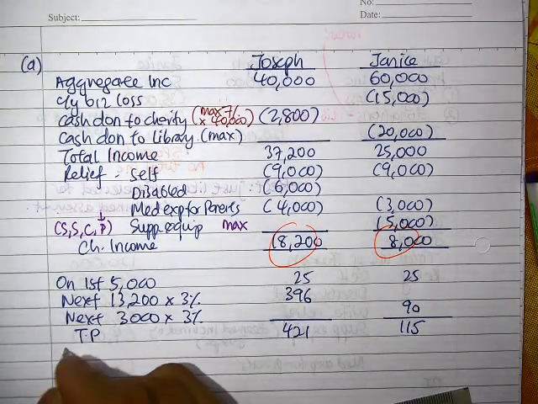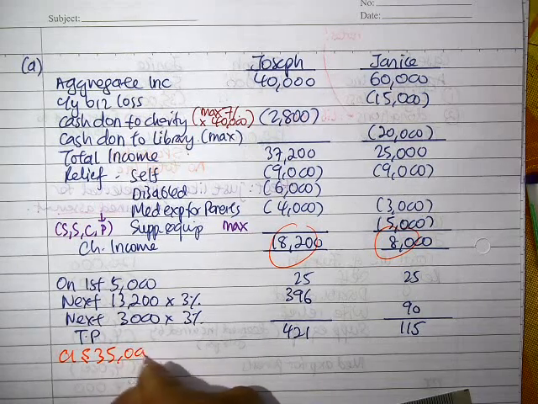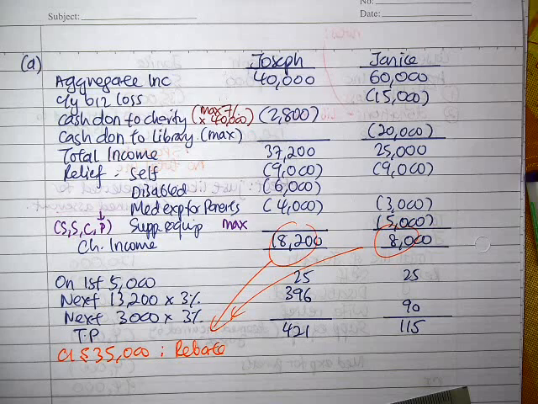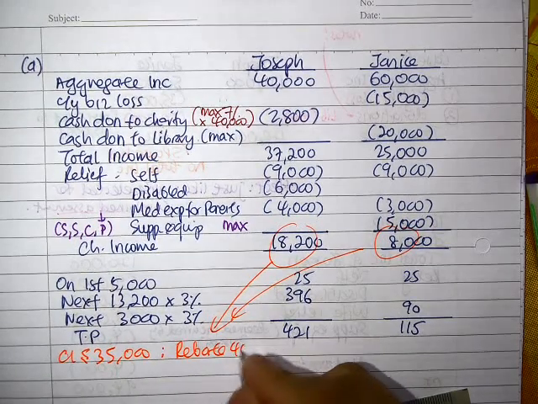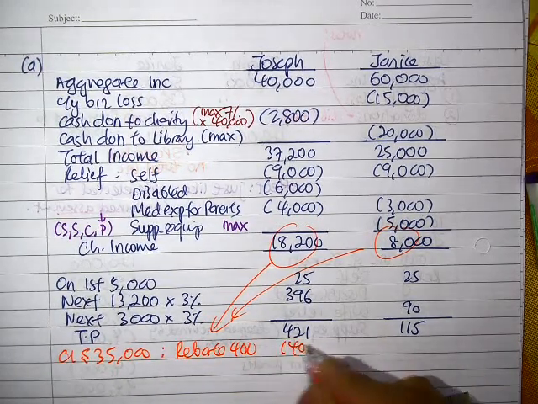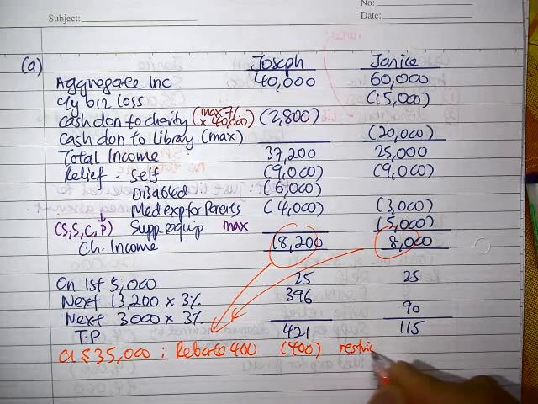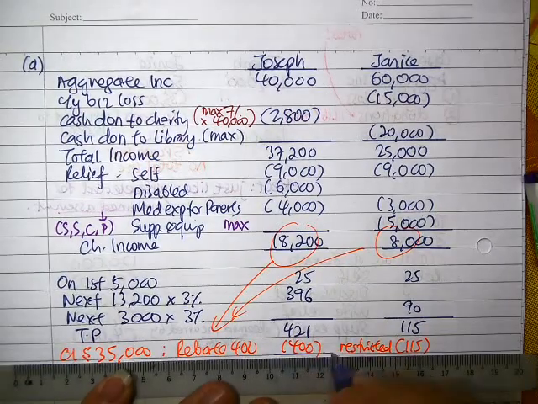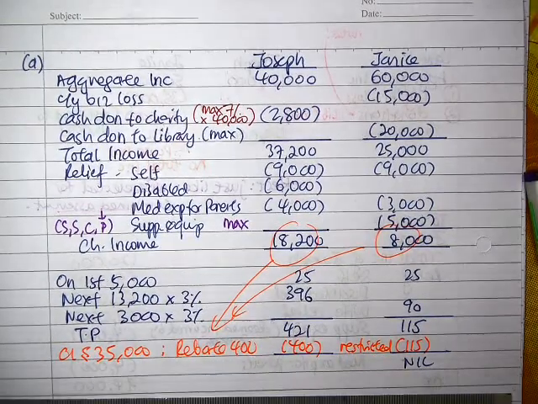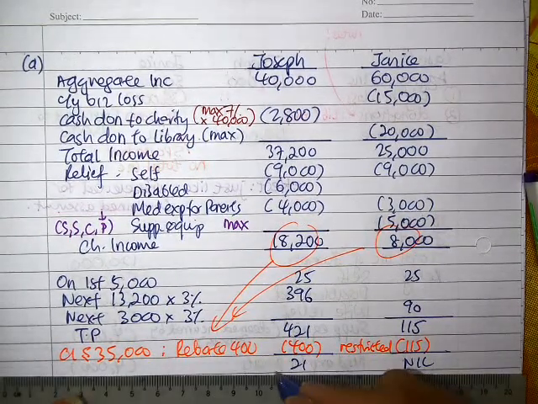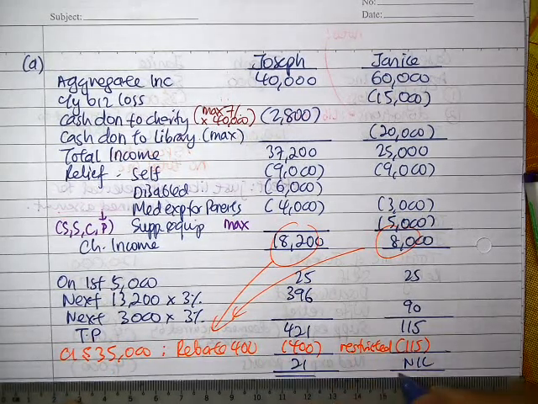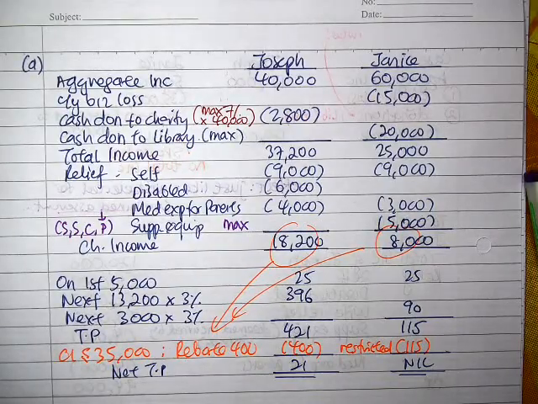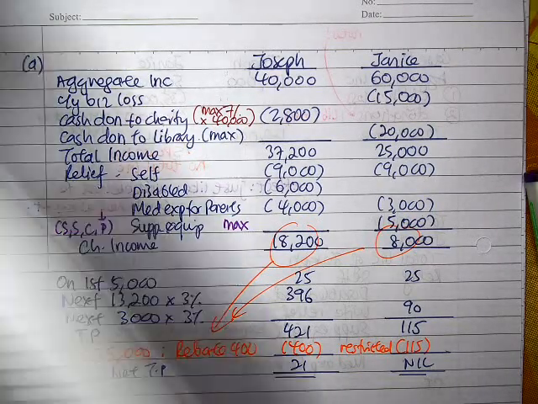Now on the first 5,000, tax would be 25, and for Joseph, the next 13,002, tax would be 3%. That's 396. For Janice, the next 3,000 is 3%. The tax is 90.